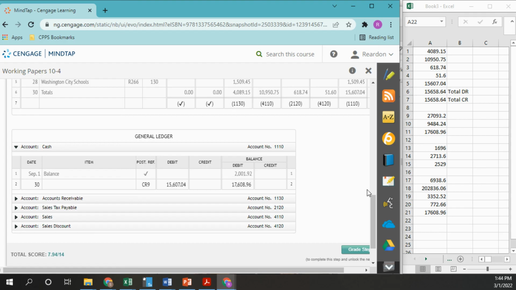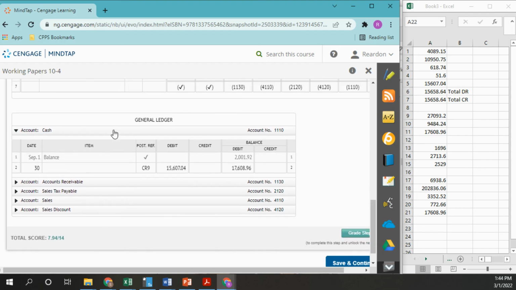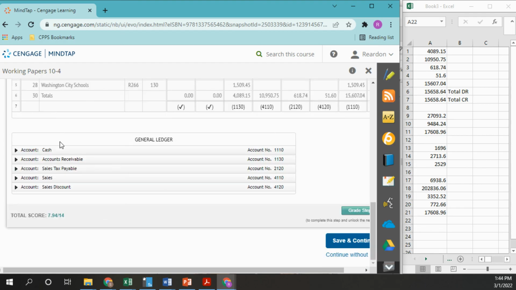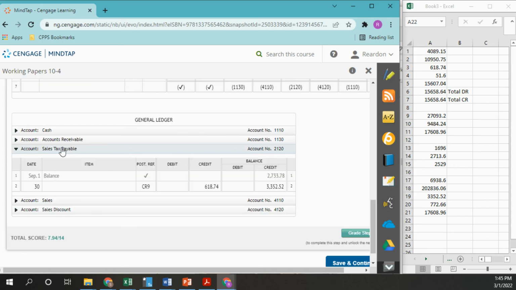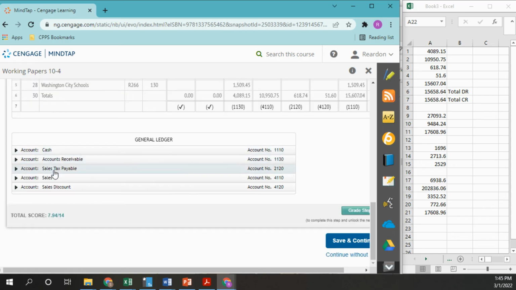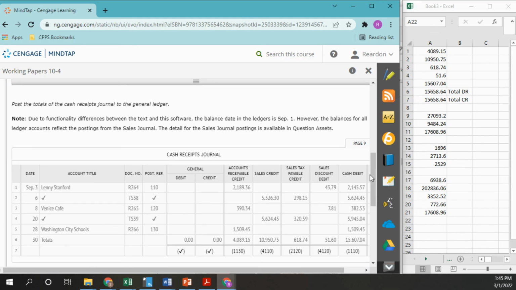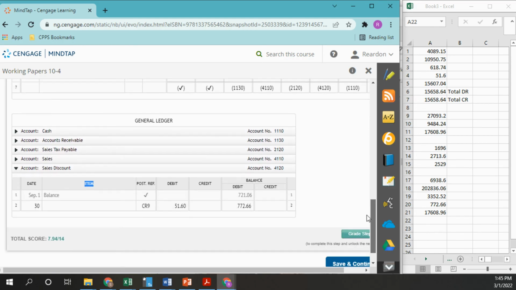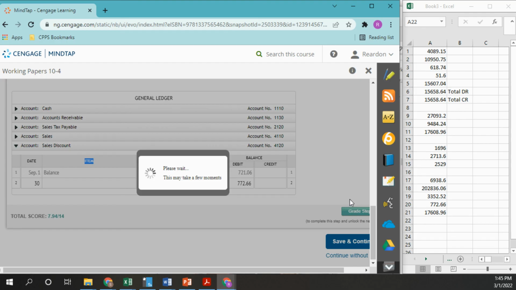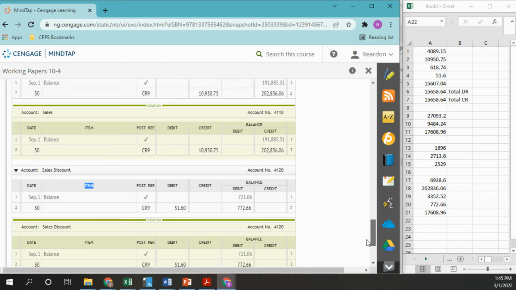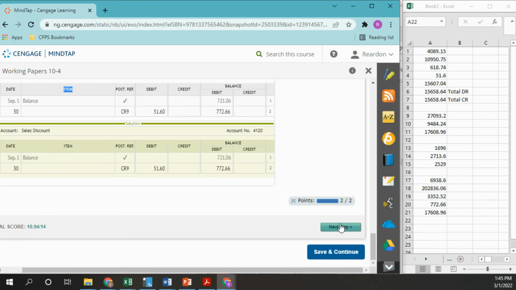Okay, stand back. Everything's posted. I put my references in there, cross-reference, post-reference, I should say. Looks good, great step. Yep, nailed it. Okay, posting was successful.